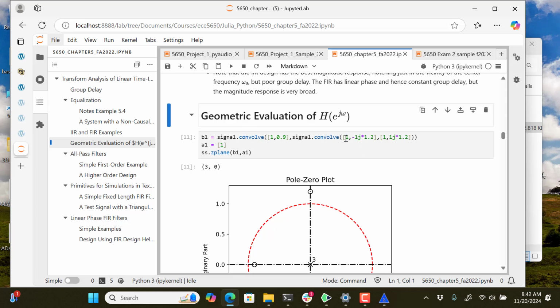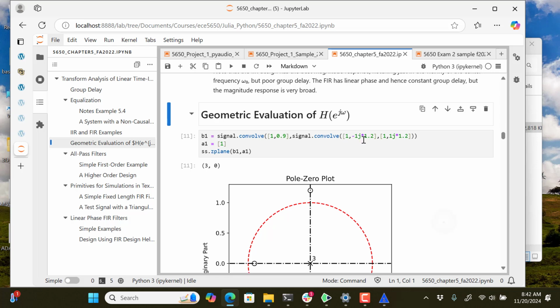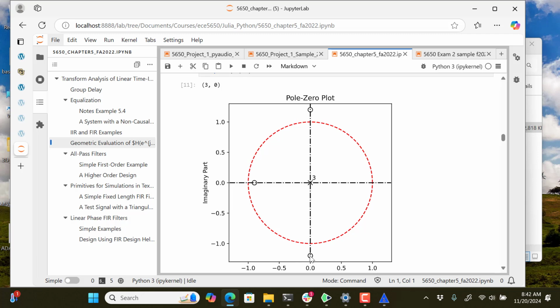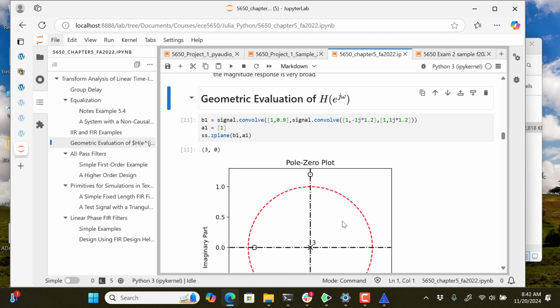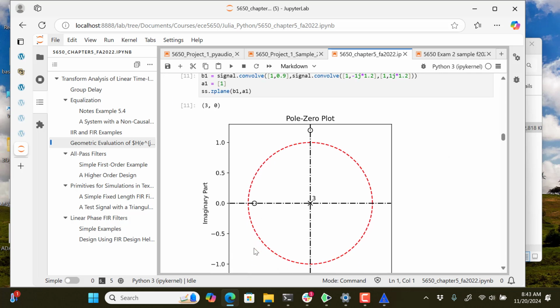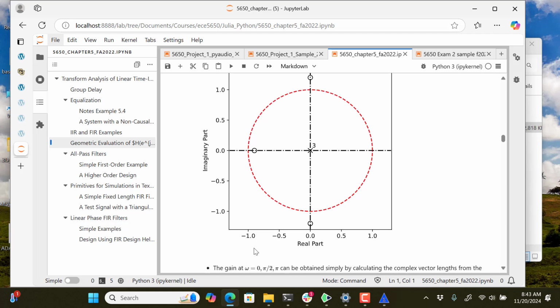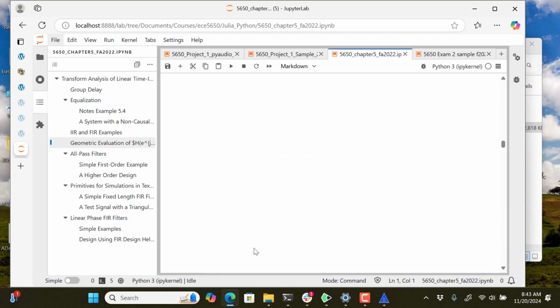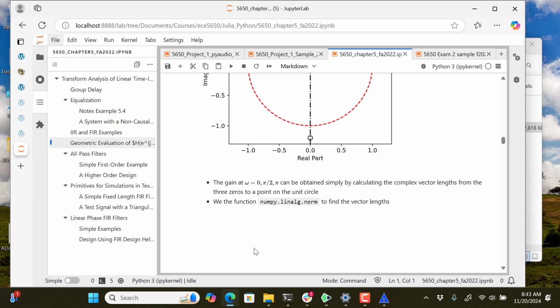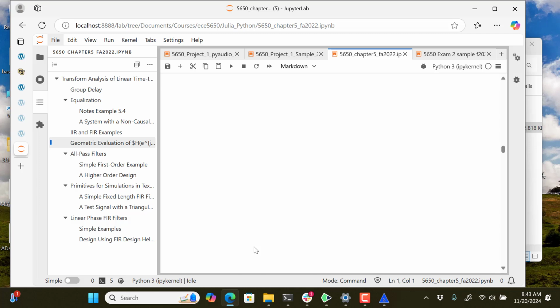So I convolved the 0 that's at 1 minus j 1.2, and that's this one down here, and then I convolved that with the one that's on the top, and then I convolved that convolution with the 0 that's over here at 0.9. And then I had a1 equal to 1. I create the pole zero plot, and then I could go ahead and analyze that if I wanted to.